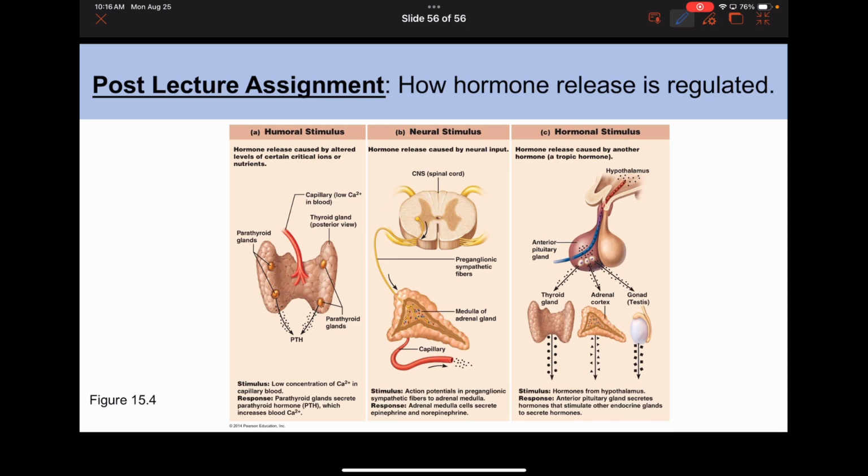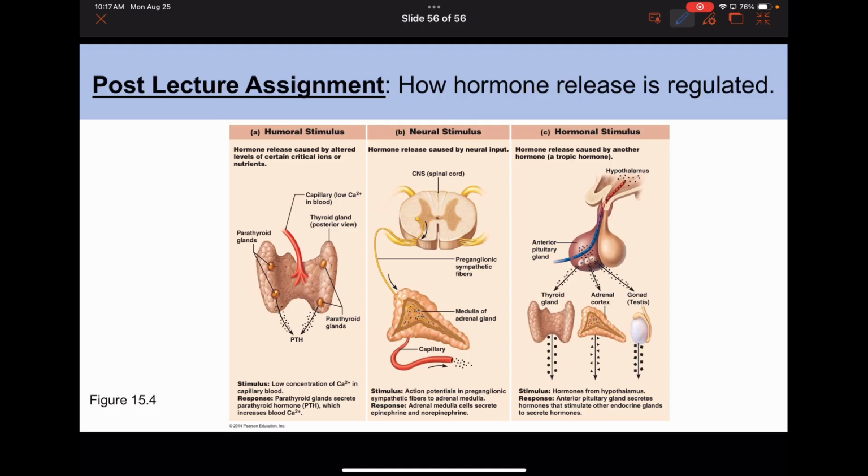humoral stimulus. So we just talked about parathyroid hormone. When your blood calcium levels are low, we release parathyroid hormone to target your bones to release some calcium, to target your kidneys to reabsorb some calcium, target your intestines to also absorb some calcium. So that would be considered a humoral stimulus, where there's a drop in something in the blood, which triggers the release of the hormone.